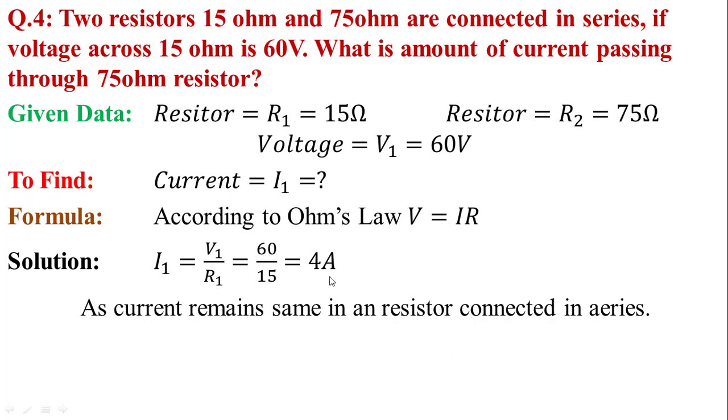When resistors are connected in series, voltage is different, but the value of current remains the same. So I1 is equal to I2, that is equal to I. Current cannot be changed, so I is equal to 4 ampere.